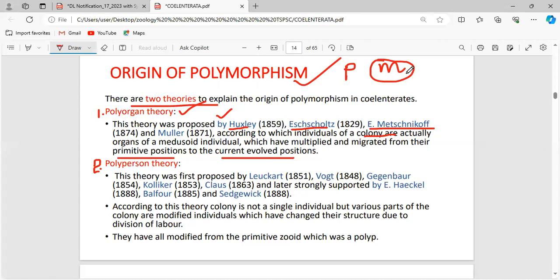And this medusoid stage has migrated from its primitive position, the polyp, to the current evolved position, the medusa. They are suggesting that these are organs of the medusa only. They didn't explain anything about the polyp; instead they explained the primitive positions.